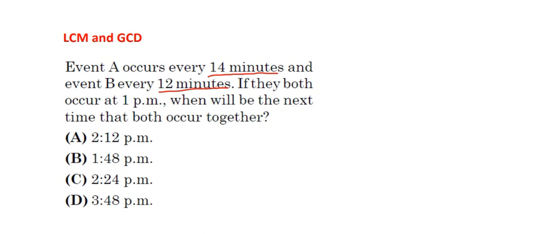Then let's say these things are every 14, starting from 0, then 14, 28, like this, right? So that one is 12, 12 and 24 like this.